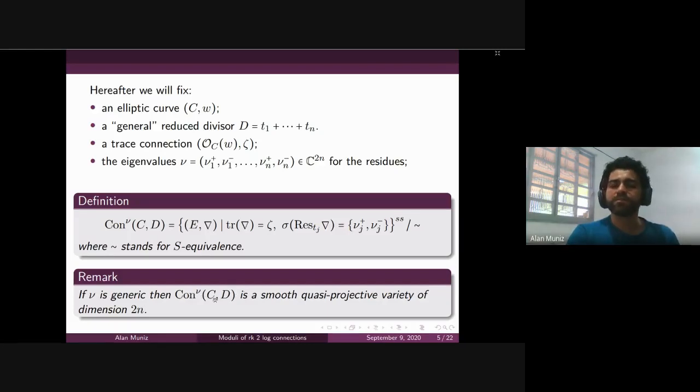The trick here is that for generic eigenvalues, every object here does not have sub-objects, so everything is stable.